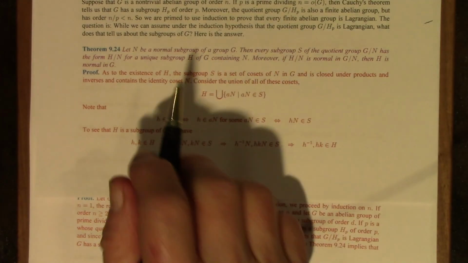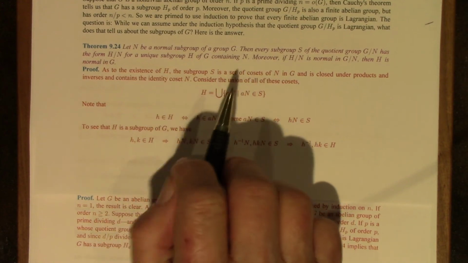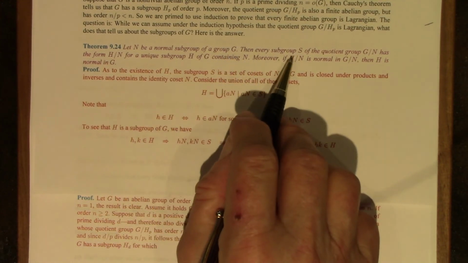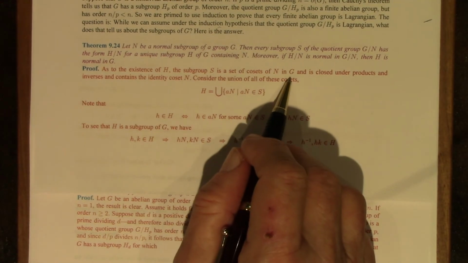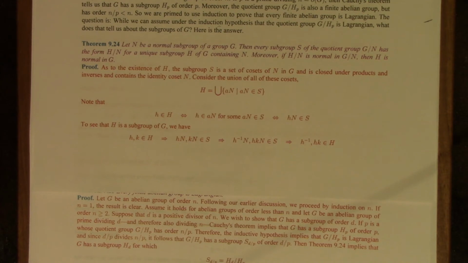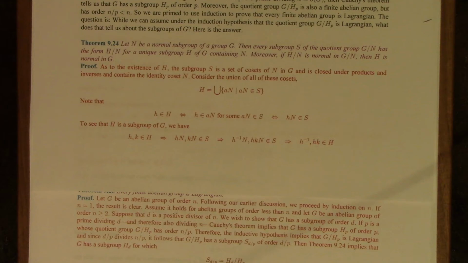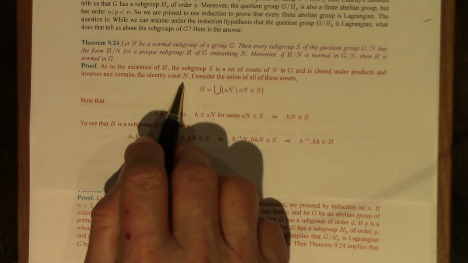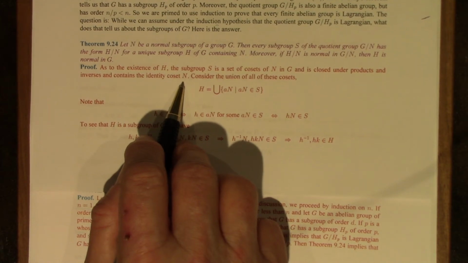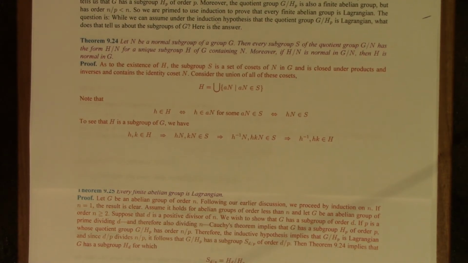Okay, how does the proof go? Well, first we need to show that H exists. Now the subgroup S of the quotient group is of course a set of cosets of N in G. And because S is a subgroup, this set of cosets is closed under products and inverses and contains the identity coset N. So let us consider the union of all of these cosets. We have to pass from cosets to elements of the group.